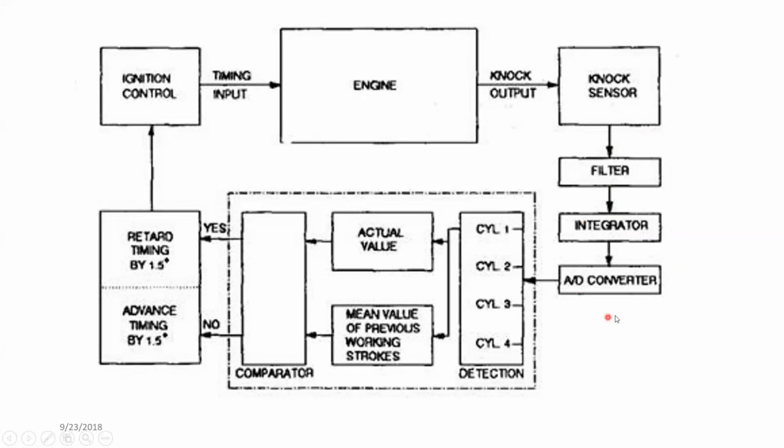Then it's sent through a set of electronics to the control module of the system, so it can identify which cylinder knocked. Once it finds which cylinder knocked, it's sent through to decision taking.